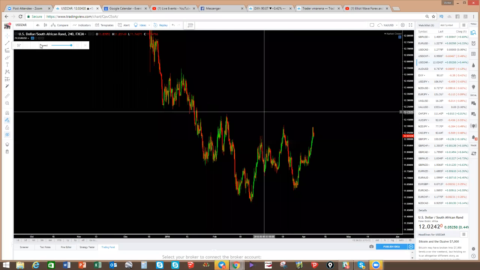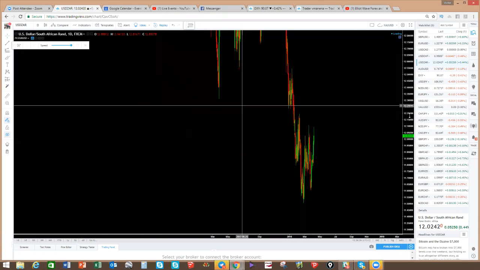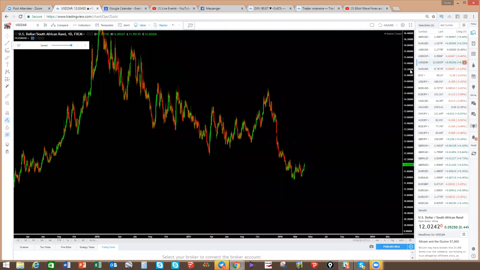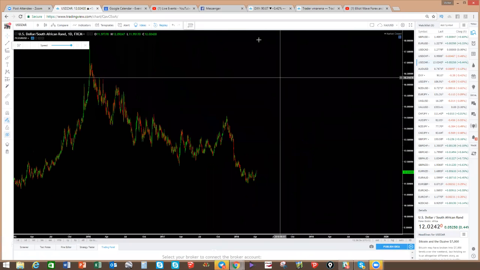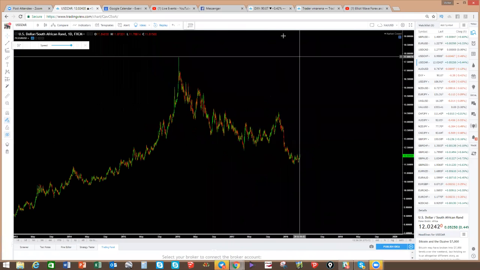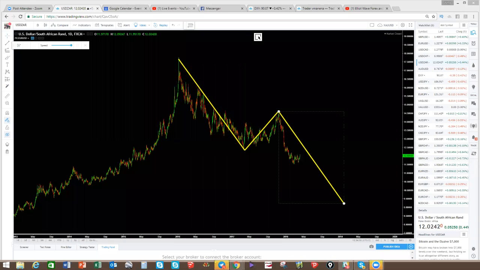So why am I saying it's not time yet? This is because this whole move on US dollar ZAR is still very much bearish, as you can see, still very bearish, and we are still looking at this as a 1, as a 2, and we're looking for this move, just one of the options, to come around the 9 ZAR area.